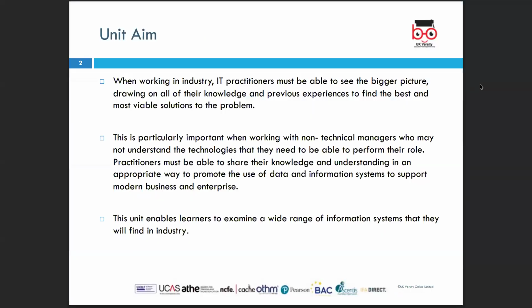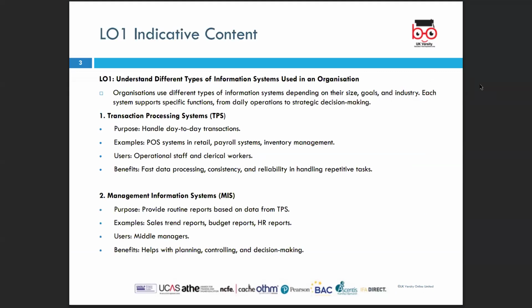So what is our unit aim? We've summarized it right now, and we'll now have a look into these technologies. From our learning outcome, we're going to understand different types of information systems used in organizations.